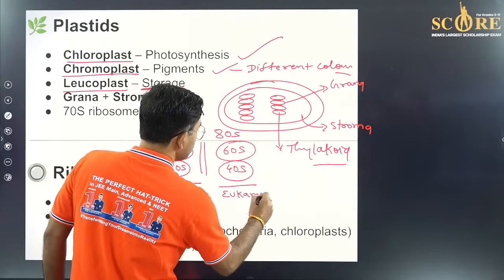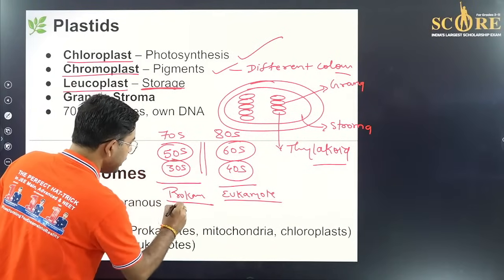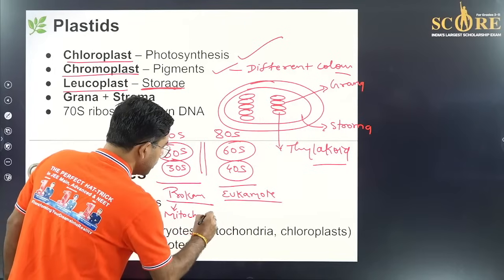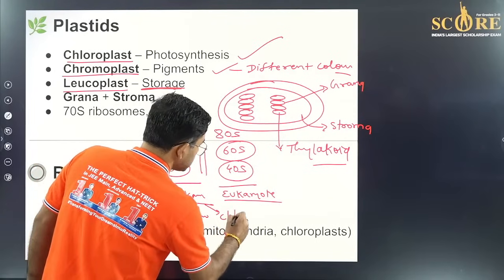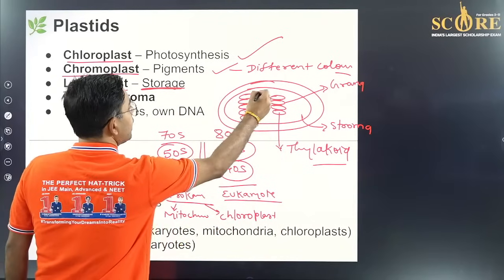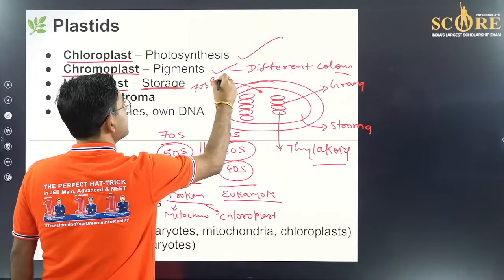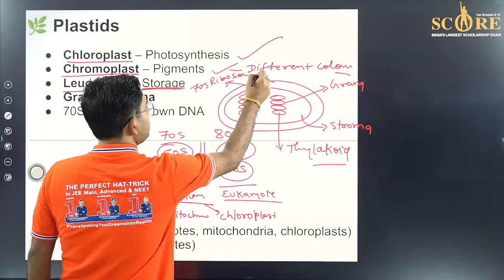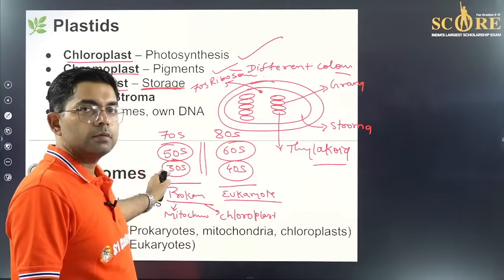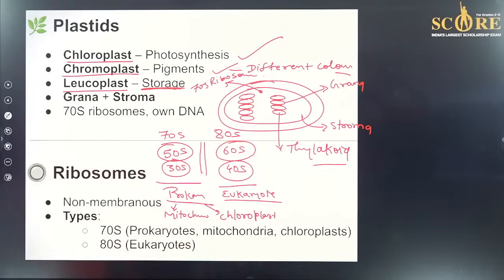Now remember one more thing, in eukaryotes this 70S is also present in mitochondria and chloroplast, which are part of eukaryotic cell. So in short, can we say that eukaryote will have both 80S and 70S, but prokaryote will have only 70S. That is the clear difference.